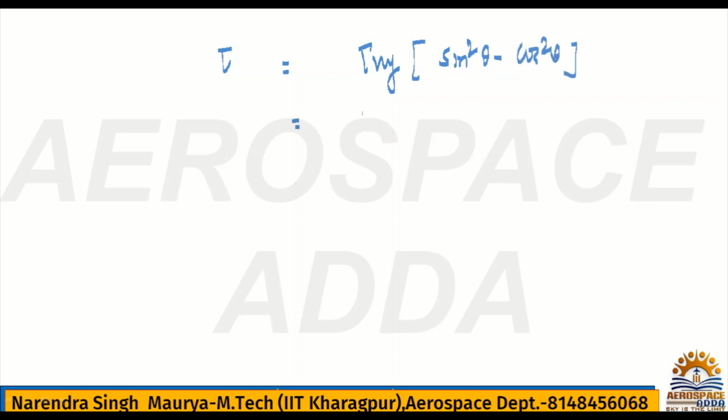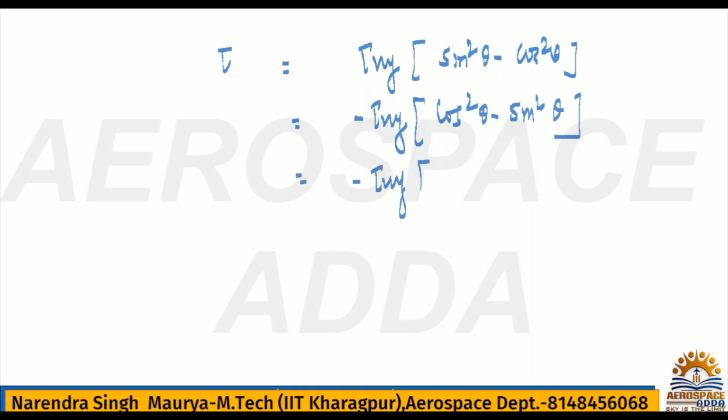But if you take common tau xy, then here it will be cos square theta minus sine square theta, minus tau xy, and this cos square minus sine square theta is nothing but cos 2 theta.